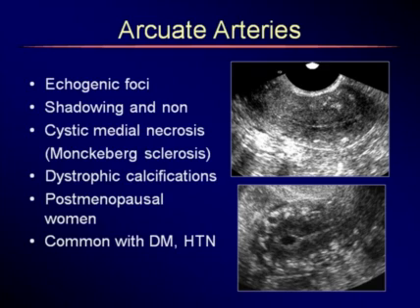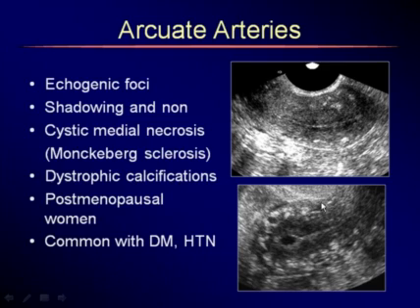So these dystrophic vascular calcifications represent the location of the arteries. When we see these, they're usually postmenopausal women, so it's not unusual to see it. It is more common with diabetes and hypertension, although that's not to say that a patient who has these does have diabetes or hypertension.